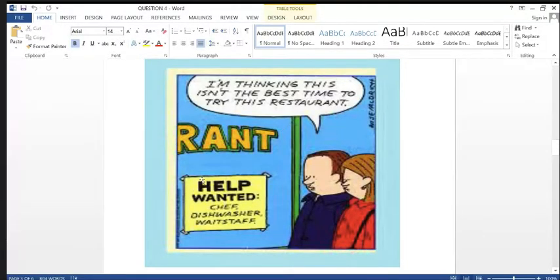Let me ask you a question, Najwa. Can you get that info from the picture? Because of the vacancy. Can you get the info from the picture? Yes. So if you can get it from the picture, it's like you imagine you are taking it from the text. When you see help wanted, chef, dishwasher, wait staff, maksud dia literally secara jelasnya apa?